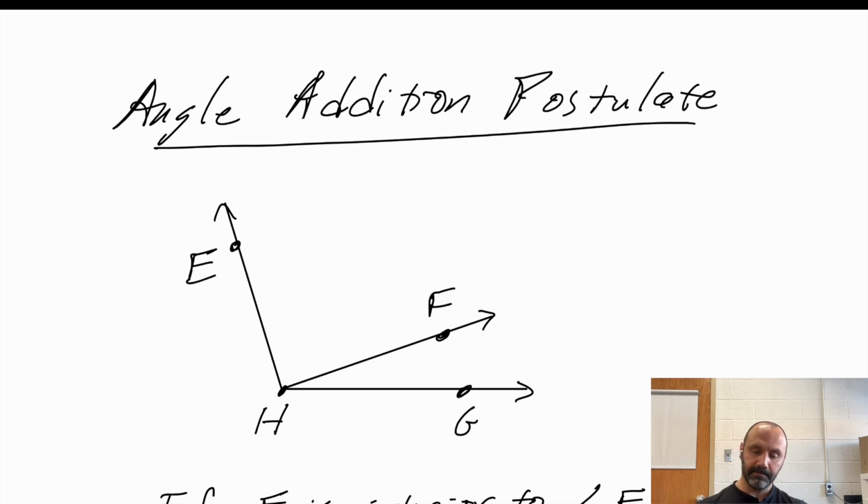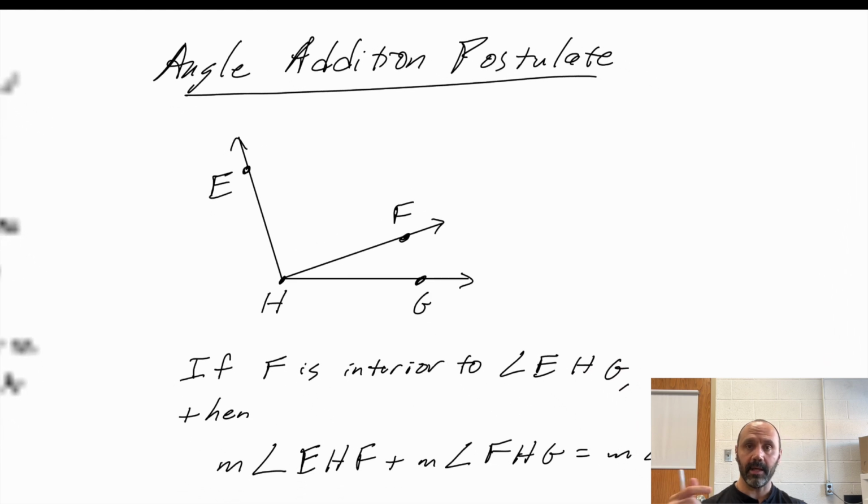The angle addition postulate tells us that we can add the measure of two angles. And so what we're saying here is that if we have a point that's on the interior of some angle, so here's angle EHG, F is on the interior of that. If I make a ray out of HF, then now I have three angles. I have EHF, FHG, and EHG.